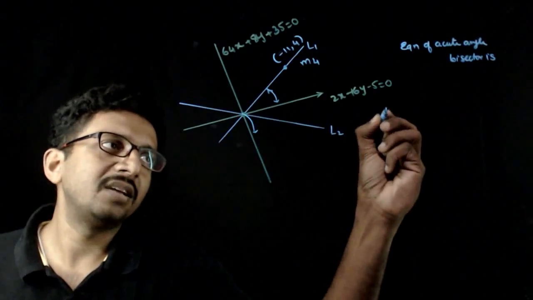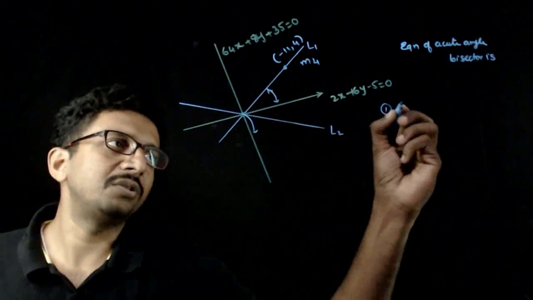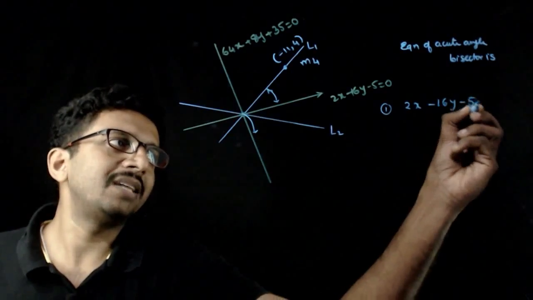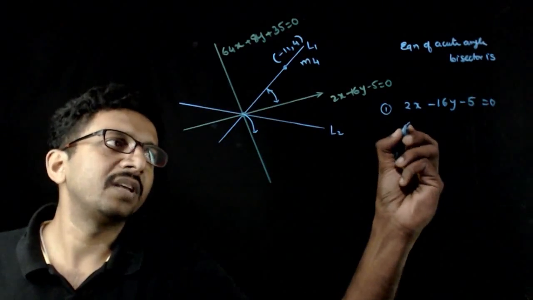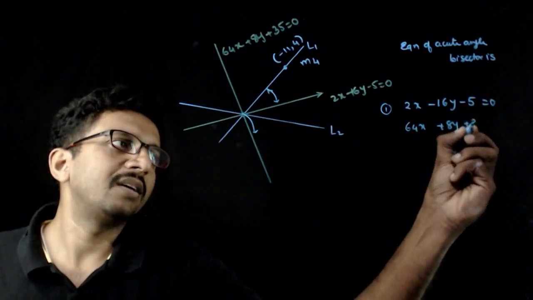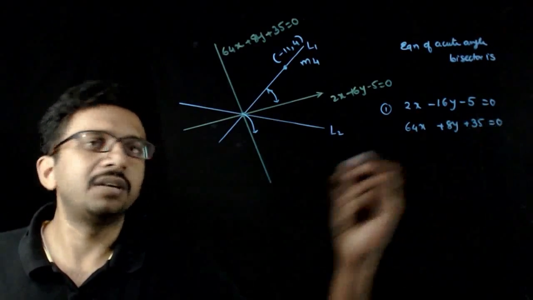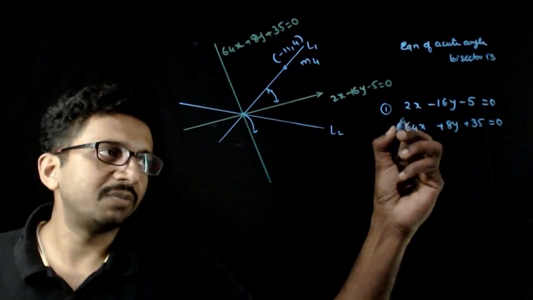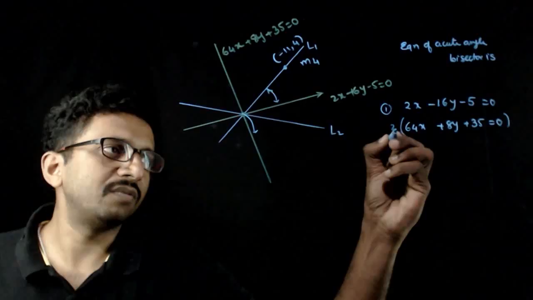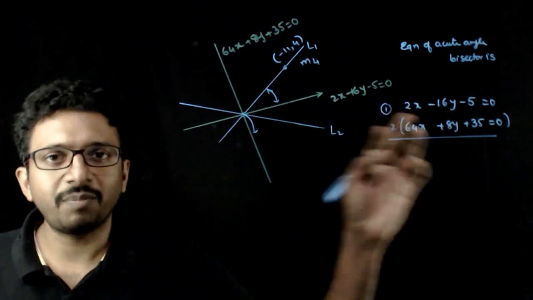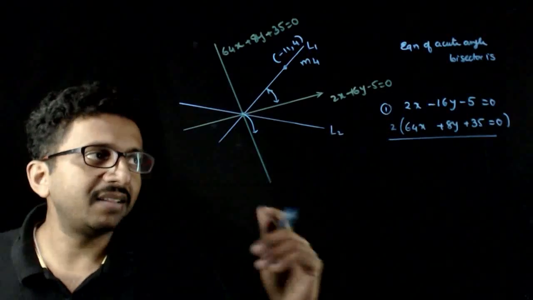First step is to find the point of intersection of these two: 2x minus 16y minus 5 is equal to 0, and 64x plus 8y plus 35 is equal to 0. To find the point of intersection, I will multiply the second equation by 2. Now minus 16y plus 16y will get cancelled, so I am adding these two.